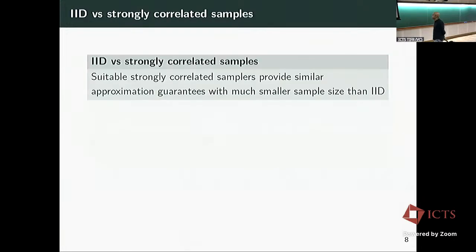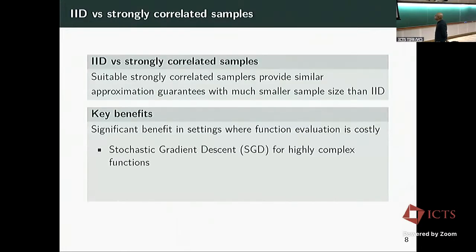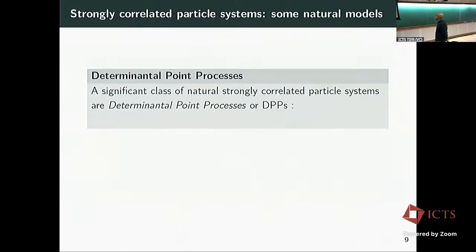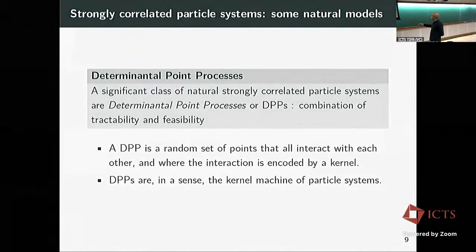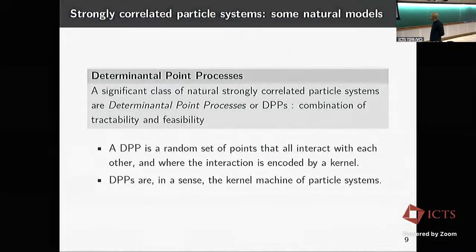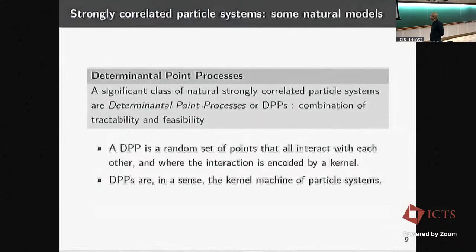Then we introduced the key model of strongly correlated particle systems, which enables us to do this both in terms of mathematical analysis as well as from the point of view of implementation. These are determinantal point processes, or DPPs. So it's the kernel machine of particle systems, if you want to remember one catchphrase about it.